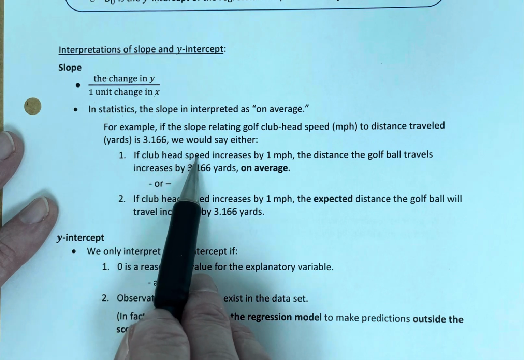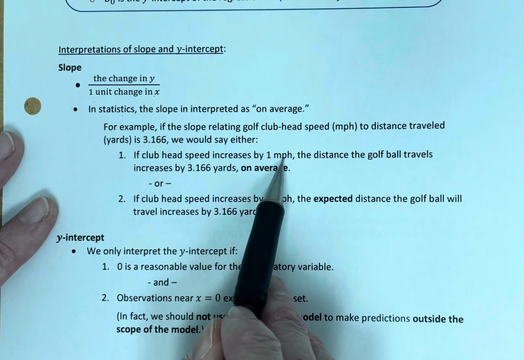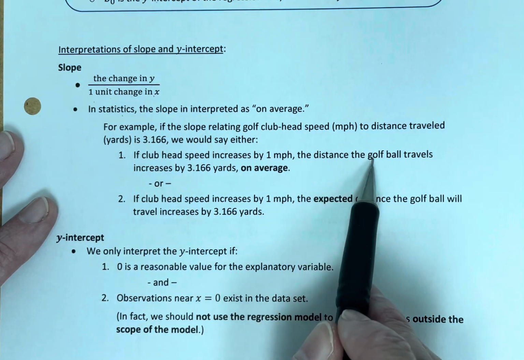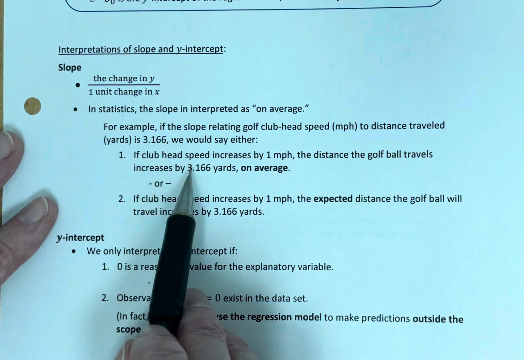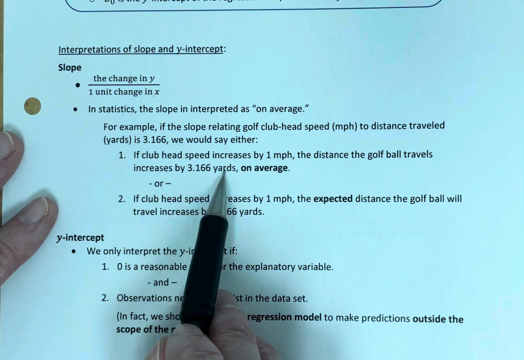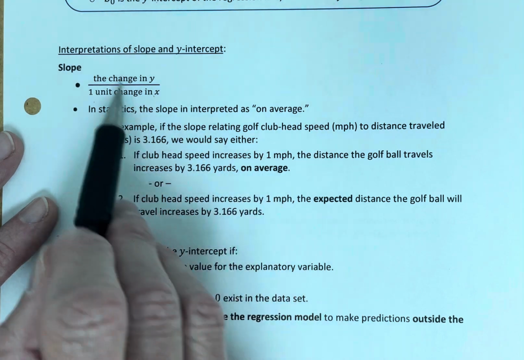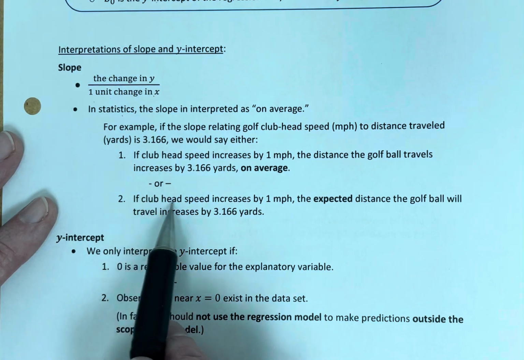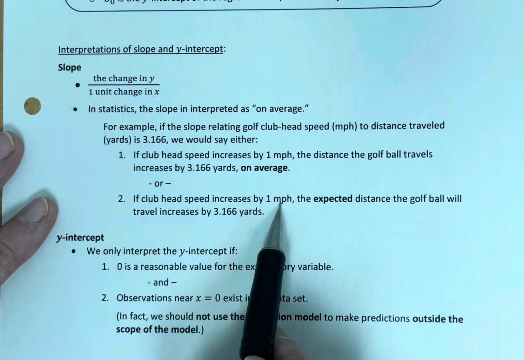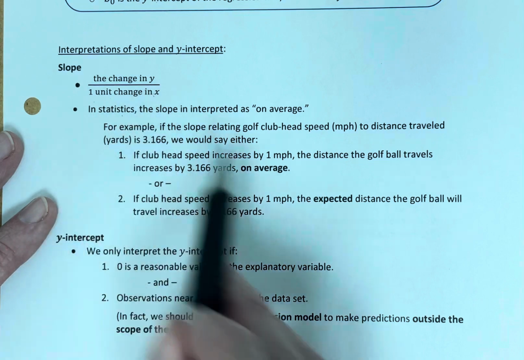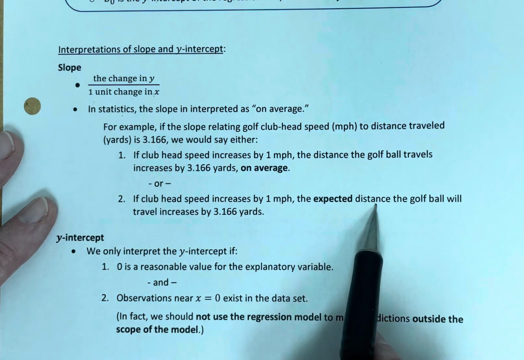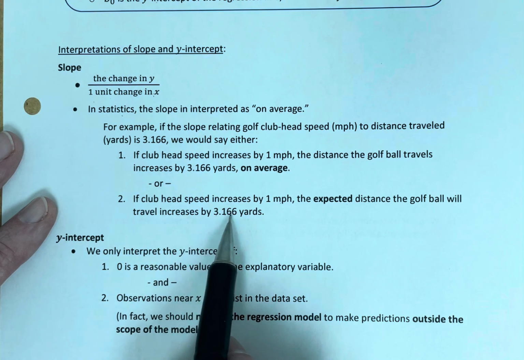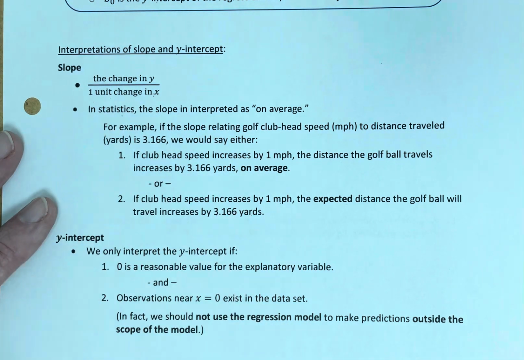If the club head speed increases by 1 mile per hour, 1 unit change in x, the distance the golf ball travels increases by 3.166 yards on average. Or if the club head speed increases by 1 mile per hour, 1 unit change in x, the expected distance the golf ball will travel increases by 3.166 yards, the change in y.